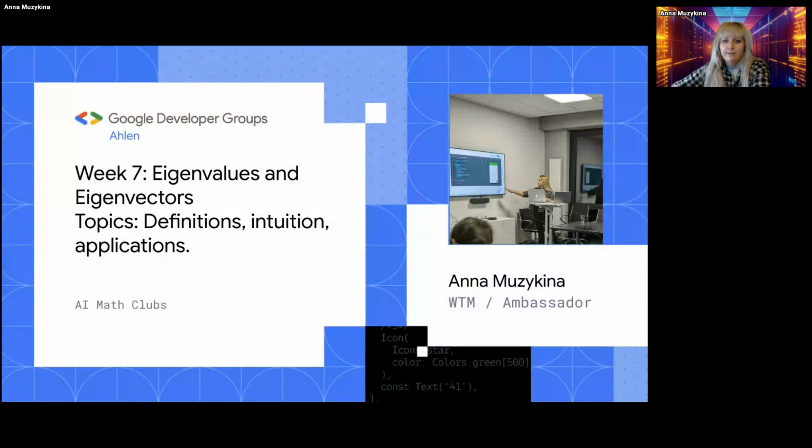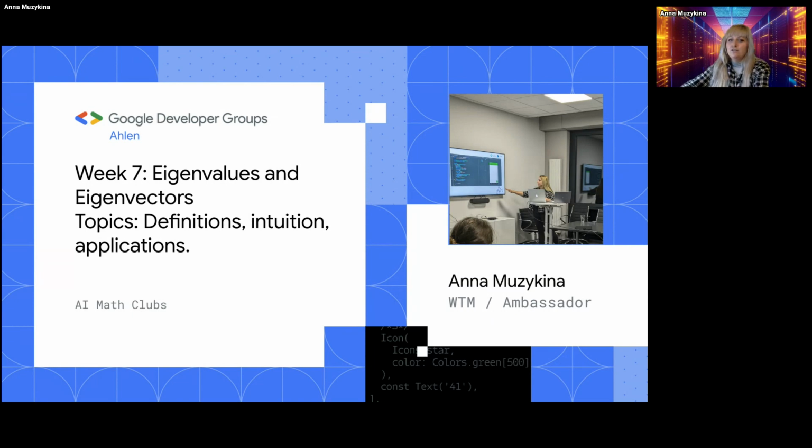This week we delve into a fascinating and powerful topic, eigenvalues and eigenvectors. These concepts might seem abstract initially, but they provide deep insights into the behavior of matrices and linear transformations.